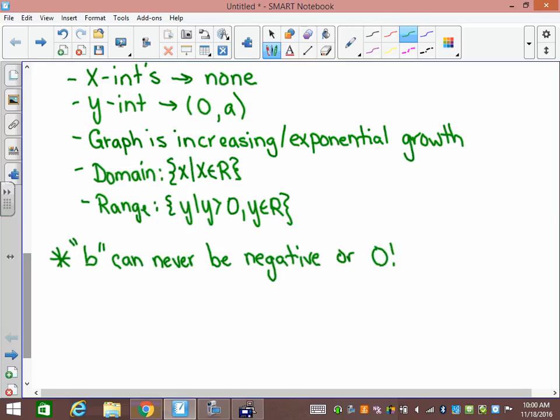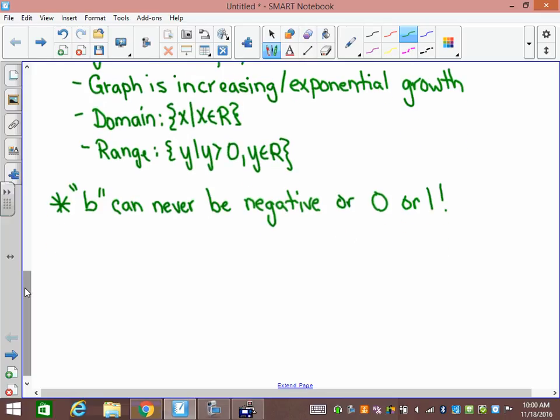That's not 0 factorial, that is a 0. b can never be negative or 0, or 1, sorry. b can never be 0, 1, or negative.